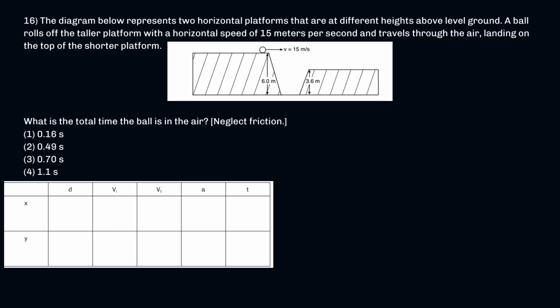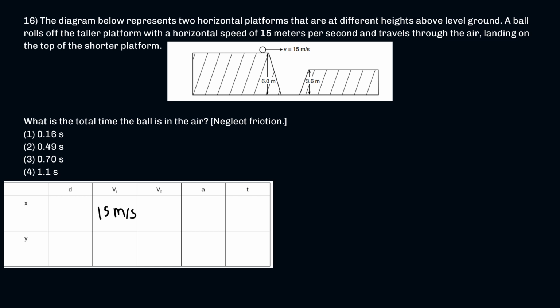So let's just write out what we have here first. The first set tells me within the question I have a horizontal speed of 15 meters per second. So that is going to be my initial velocity in the x direction. That is 15 meters per second. What other things do I know about the horizontal direction here?